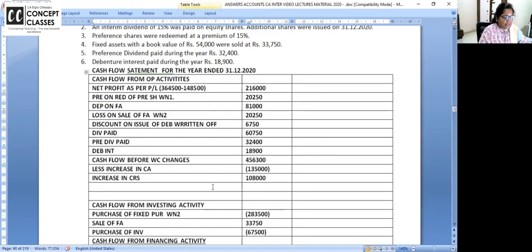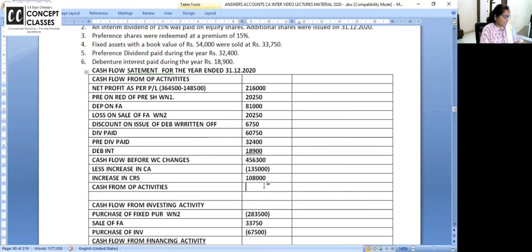Now what I get, I call it cash from operating activities. Actually before income tax, but income tax is not there, so leave it. How much is it coming to? Everyone got 456,300. Underline 18,900 please. I hope I'm doing it in words so that it looks neat.